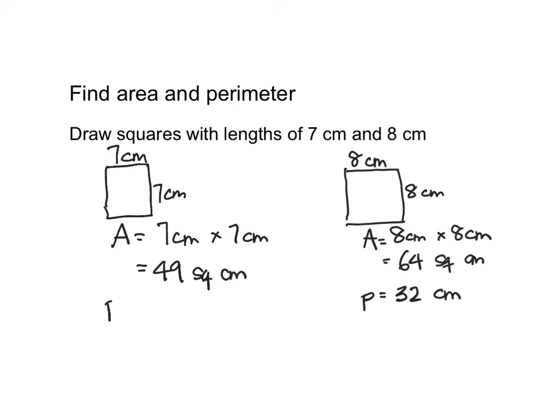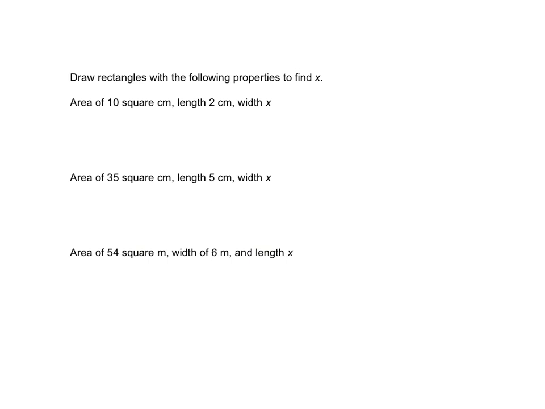Let's go back to this one over here, the square with 7 for the sides. So we would have added 7 centimeters plus 7 centimeters, which is 14, multiplied that by 2, and we would have gotten 28 centimeters. Very last thing that we're going to do here, this is where you have the unknown side.